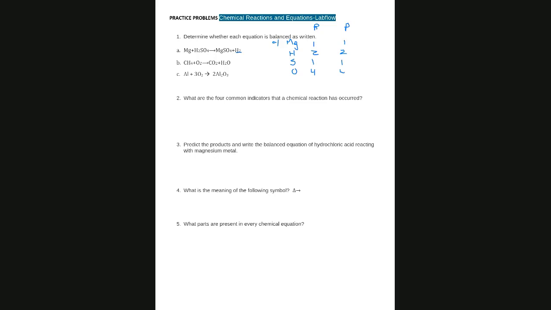This is one of the ways that you will do it to see if it's balanced or not balanced. Okay, so you look, oh, everything matches, and everybody correctly said that this equation is balanced.